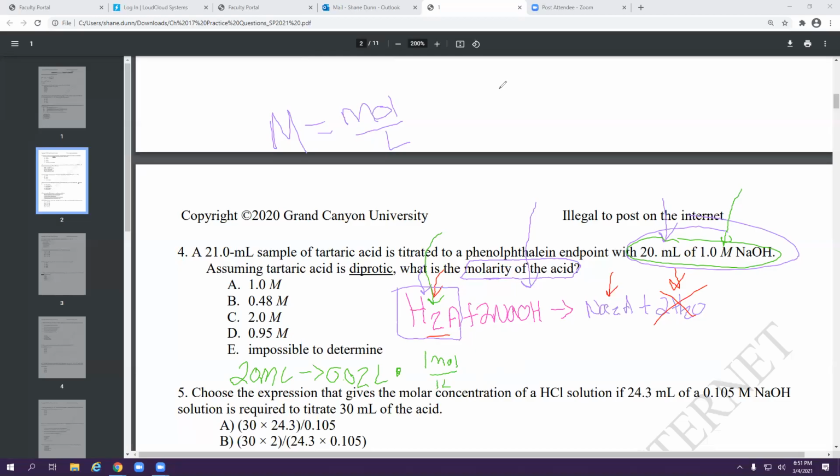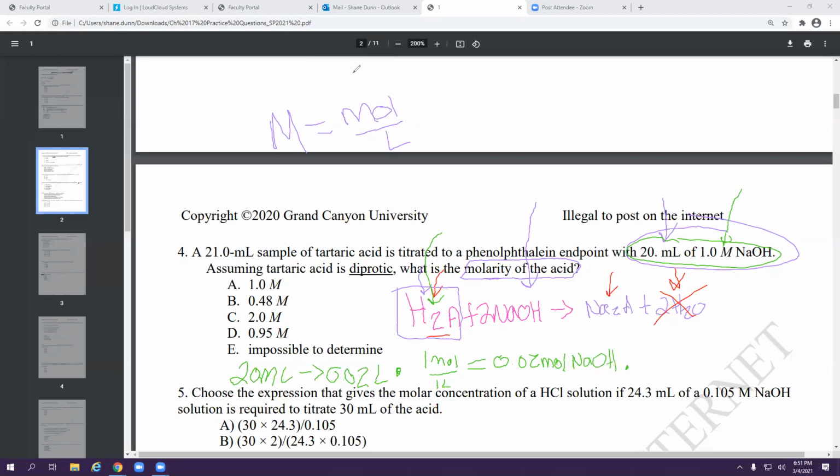Yeah, thank you. Okay. Cool. So what's 0.02 times 1? 0.02 moles of H2A. Nope, not H2A, my bad. NaOH.